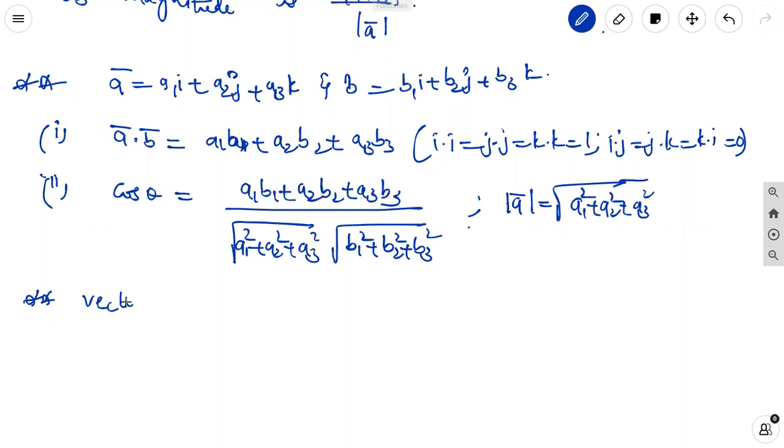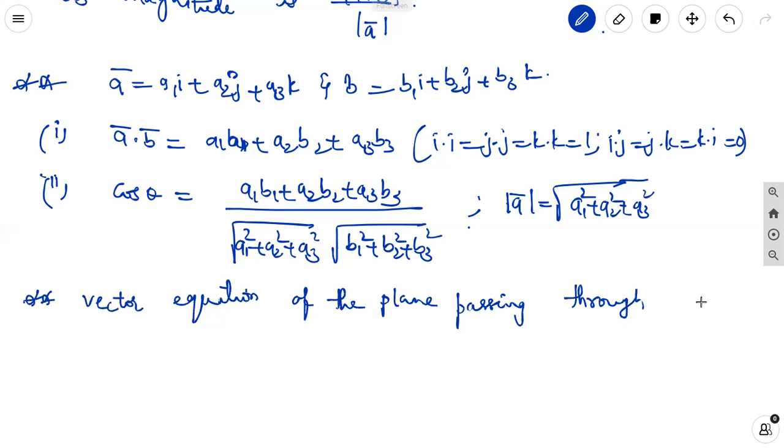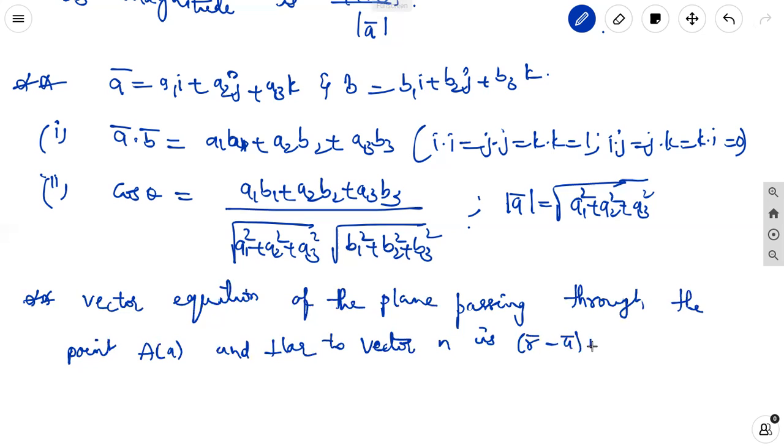This is the vector equation of the plane passing through the point A and perpendicular to vector n.